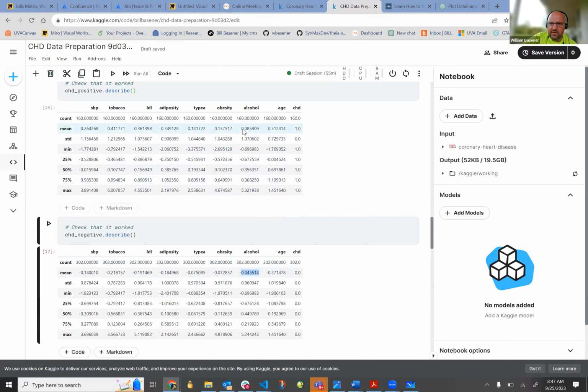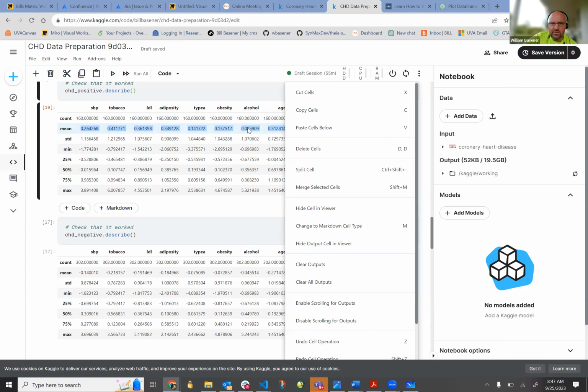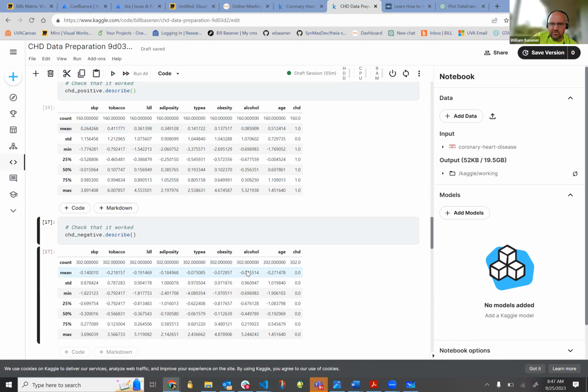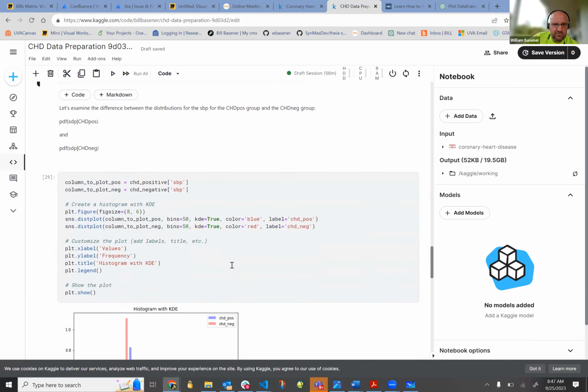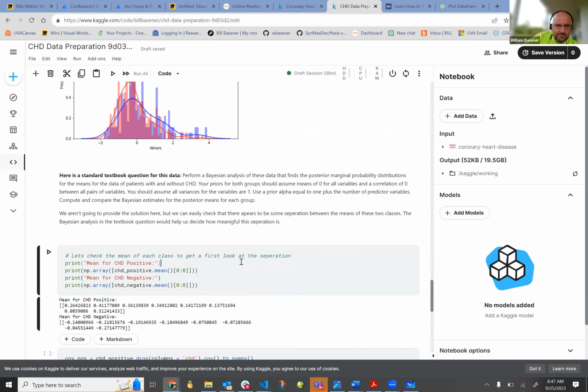So that's the first one where, if you look at these means, the mean for the SDP column is less than 0.1. So the alcohol separation is the smallest, just looking at these. Oh, and age is a big deal, 0.5 standard deviations above and 0.25 below. So the separation there is 0.75 standard deviations. Okay.